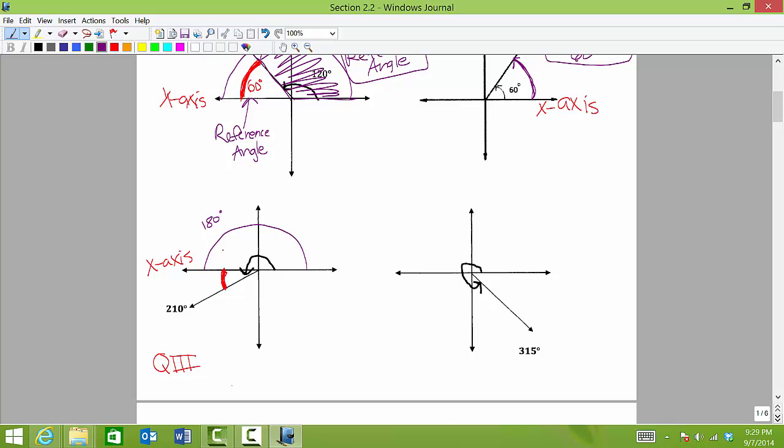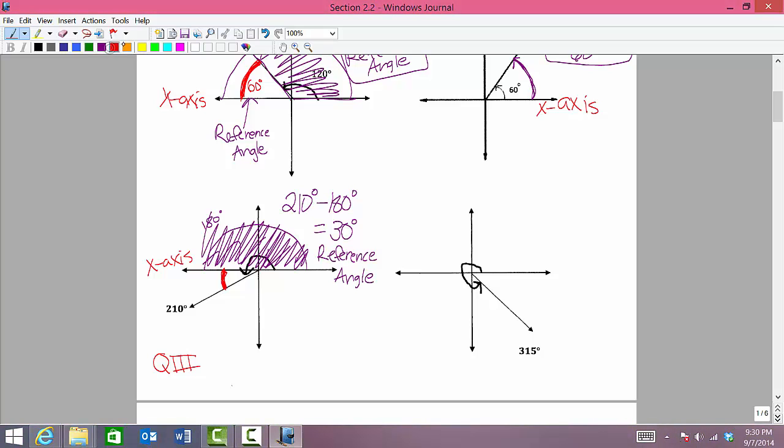If I keep going, of course, that would be 210. But what I would like to do is subtract off this portion that I don't want from the angle. So that would be 210 degrees. Take off that portion from 210 that I don't want, that 180 degrees, and we get 30 degrees. And 30 degrees would be my reference angle. And that is the distance from the x-axis to the terminal side.